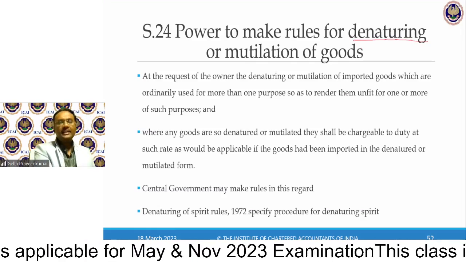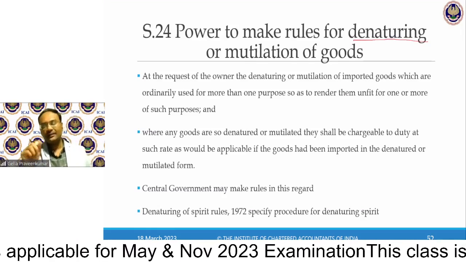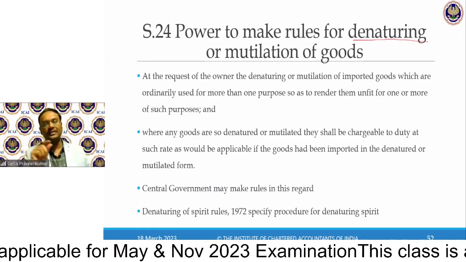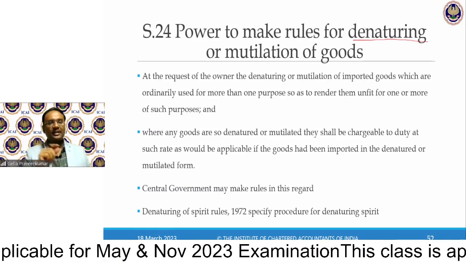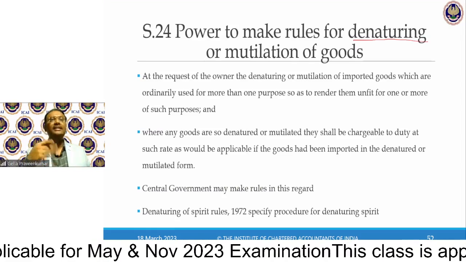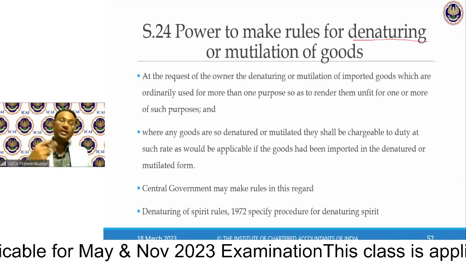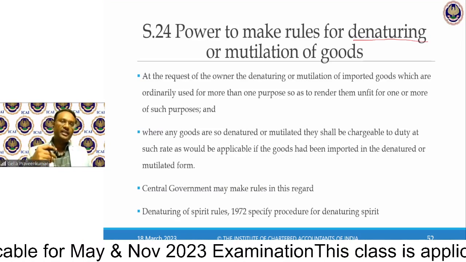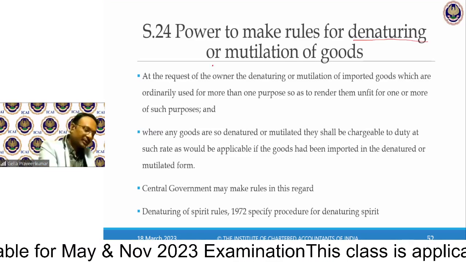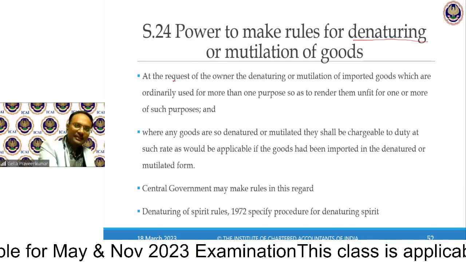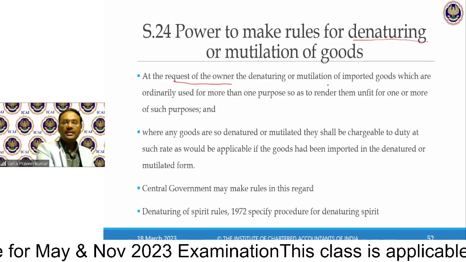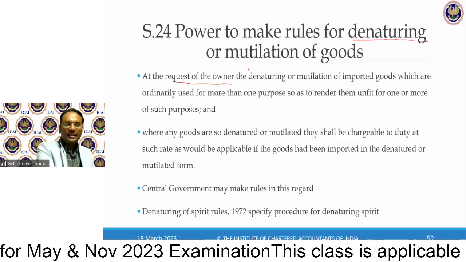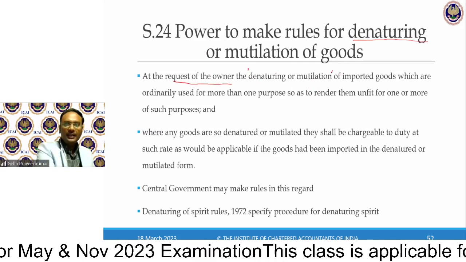If you recollect, in the assessment definition, I referred to the last part, special instructions. The special provisions where this Section 24 comes into picture. At the request of the owner, that is the importer, this provision allows denaturing or mutilation of imported goods.